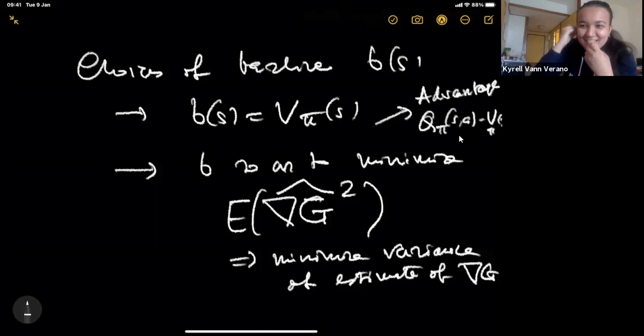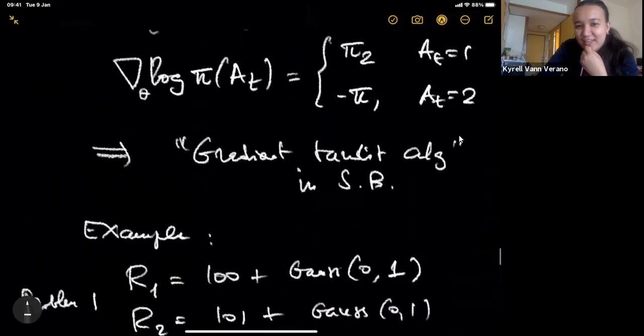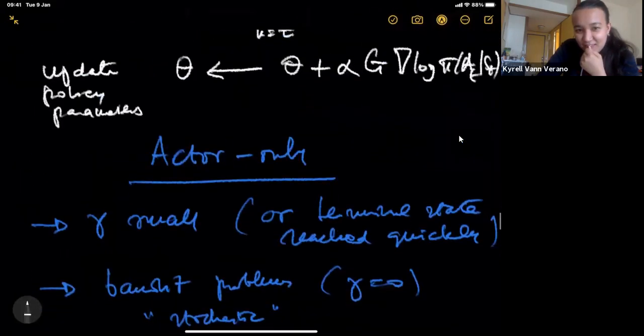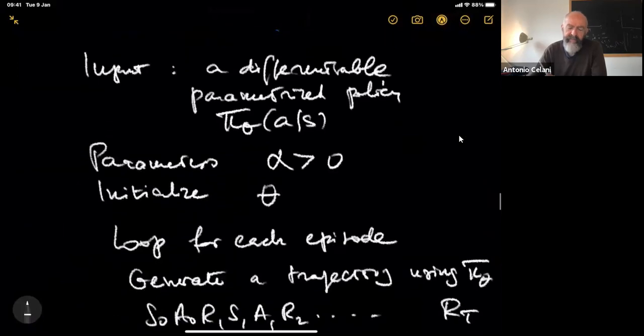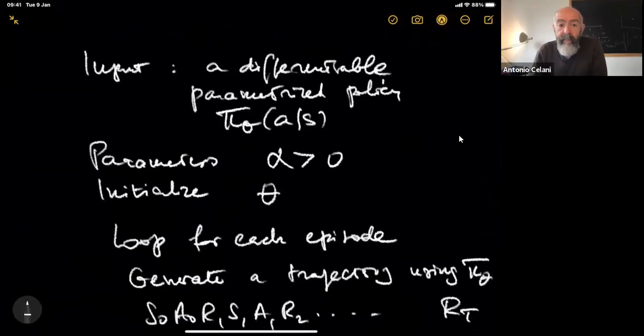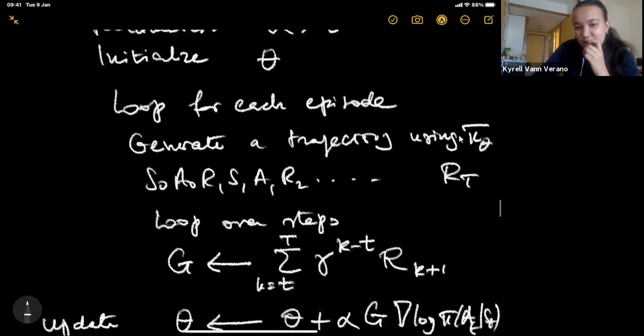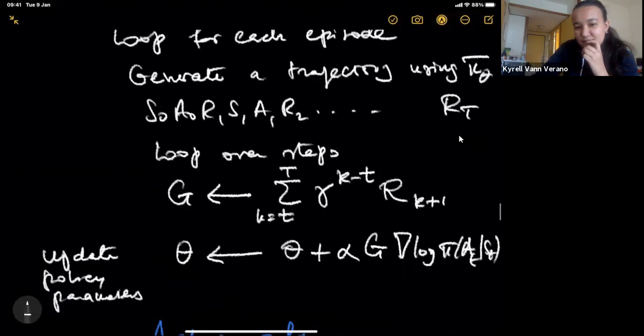Sorry. In the algorithm, the small t there is per step, right? The pseudocode here, yeah. The small t is like t equal to 1 is the first step. Here, loop over steps.